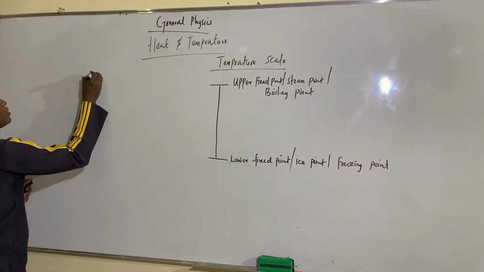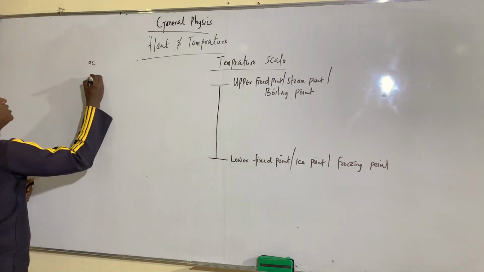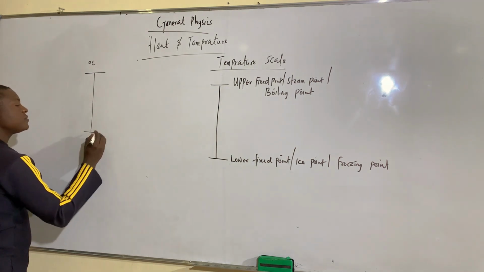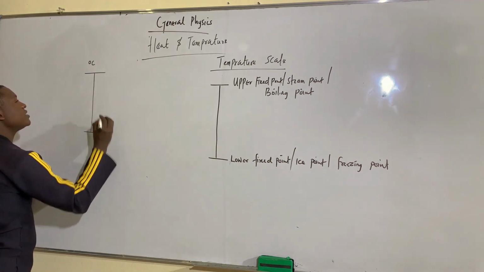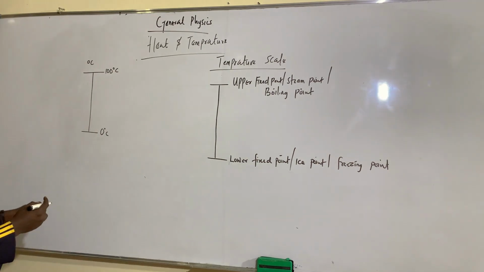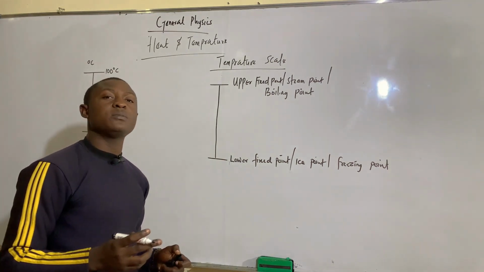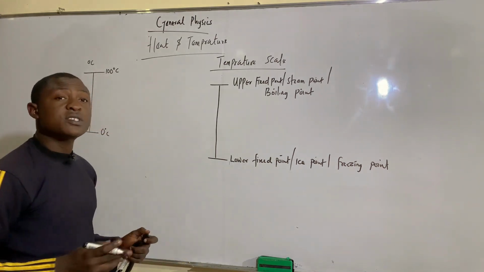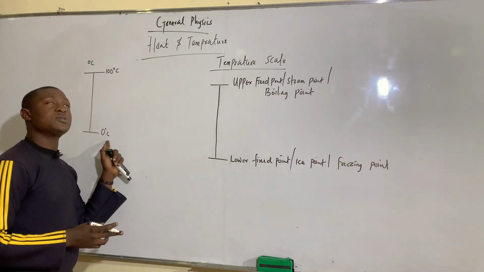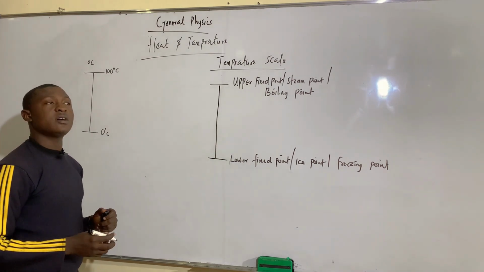Now, look at this one for the Celsius scale. The standard can never be changed. The lower fixed point is always 0 degrees Celsius, and the upper fixed point is always 100 degrees Celsius.